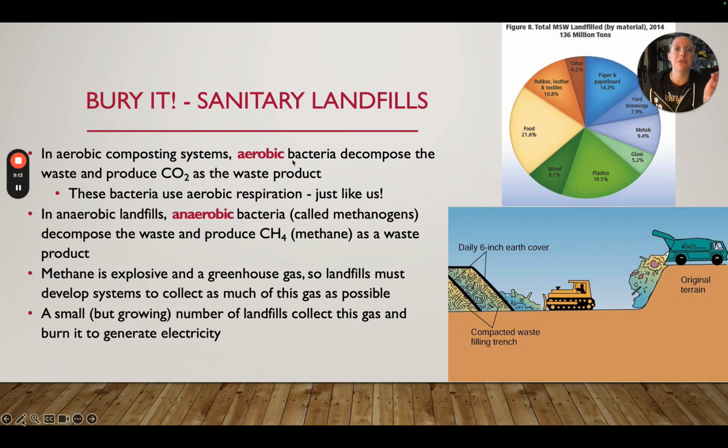So going a little bit further into these systems, composting systems, right? Aerobic bacteria help decompose the waste and produce CO2 as a waste product. Still not great, but what's kind of neat is that bacteria are like us, where they use aerobic respiration. So when you breathe out, you're breathing out a lot of CO2.